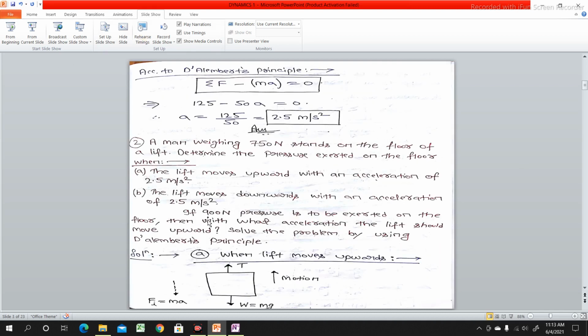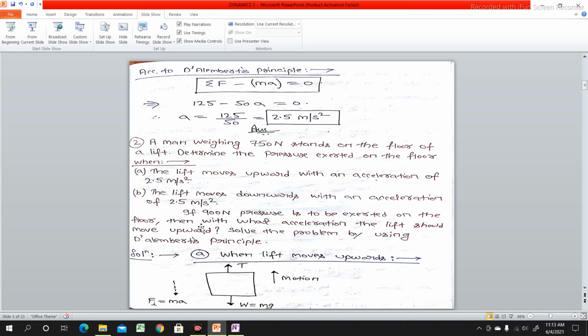So what is given in the third part? In the third part, if a 900 Newton pressure is to be exerted on the floor, then with what acceleration should the lift move upward?